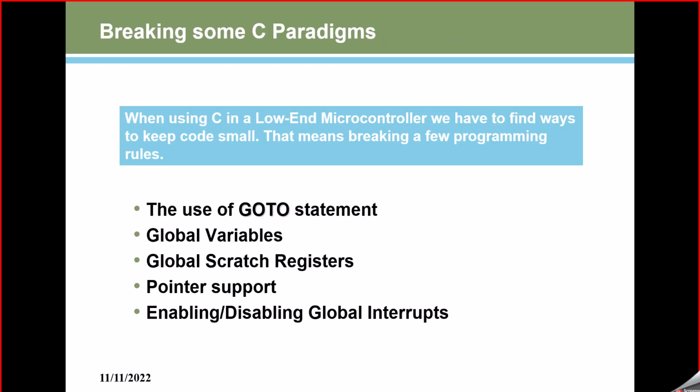Earlier, assembly was there. In assembly they used to have the goto statement, but nowadays we don't see it because it may not be needed for any application. If needed, it will be handled in the microcontroller itself. No need to worry. The goto statement is not important, but you can use it. And global variables, we already know that whenever we need them, we can declare them. If everyone has to access a variable, then you should have a global variable.